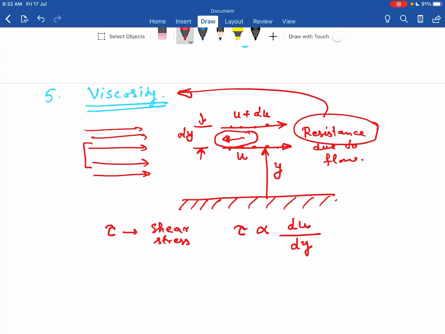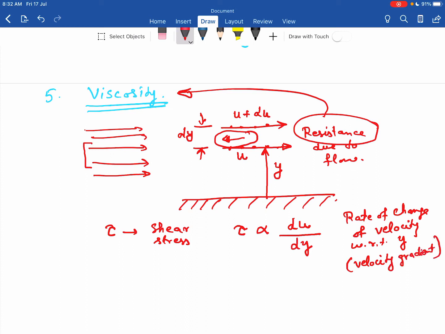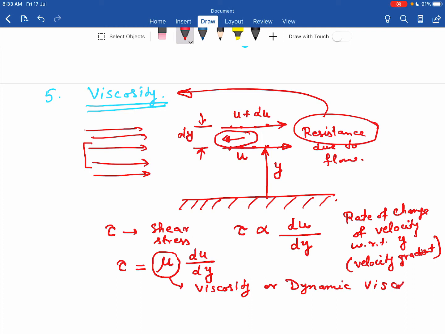Now this du by dy is also called the rate of change of velocity with respect to y, or we can also call it the velocity gradient. So now we can write tau with an equality sign, equal to a constant of proportionality times du by dy. This constant of proportionality mu, we call it viscosity or dynamic viscosity.